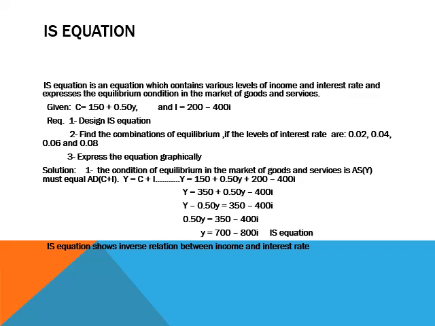The remainder is y equal 350 over 0.50, it is 700, and 400 over 0.50, it is 800i. This is an IS equation.